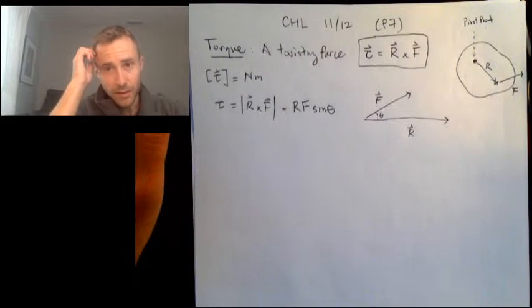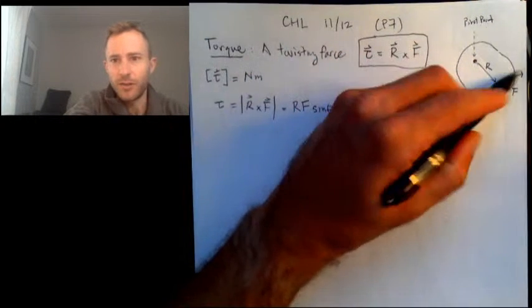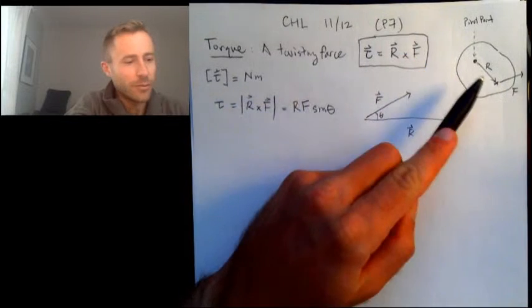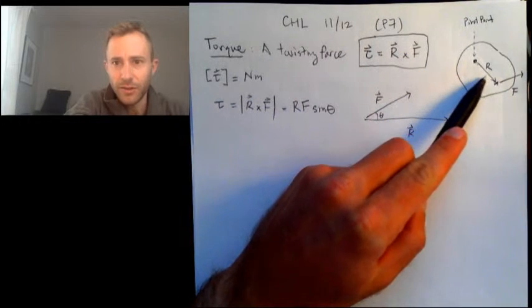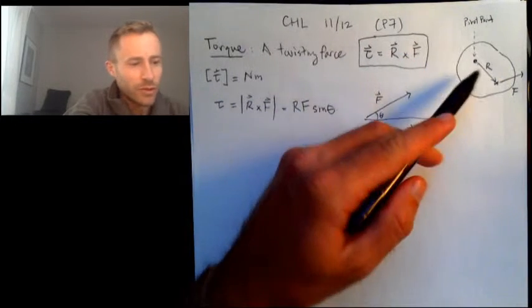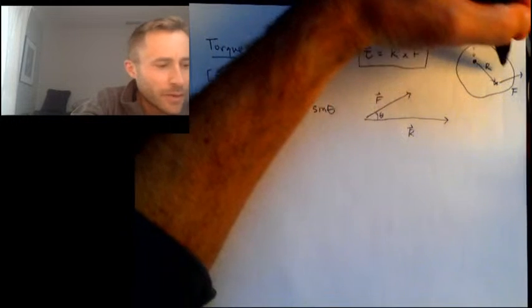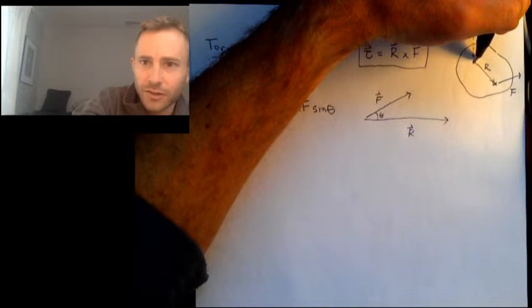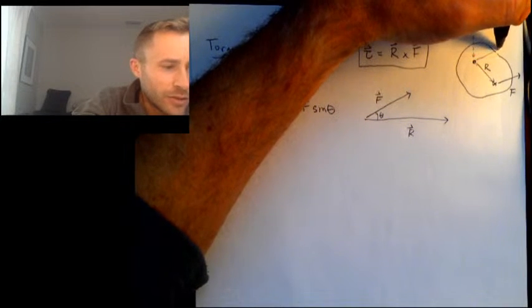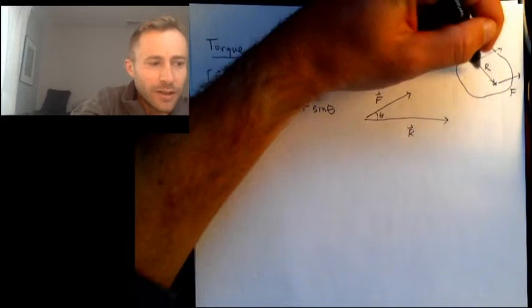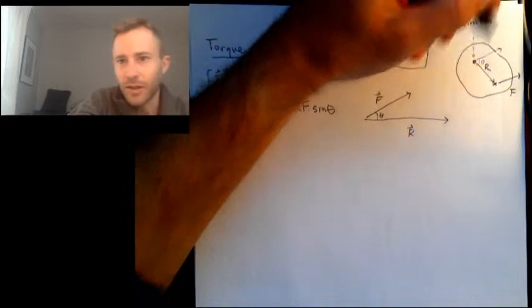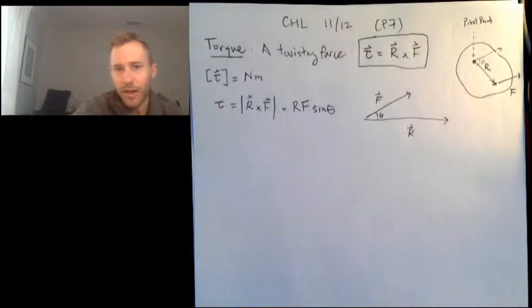Here you might be tempted based on this picture to call the angle between them whatever that angle is. But what you have to do is shift this vector over so that it starts at the same position, and then take the angle between them like that. So that would actually be the angle between them. You've got to be a little bit careful about that.